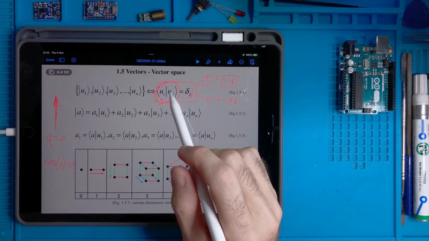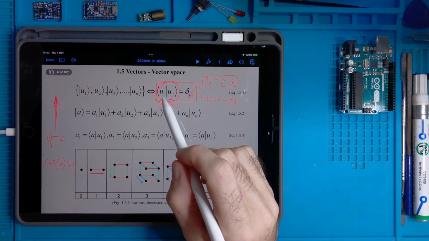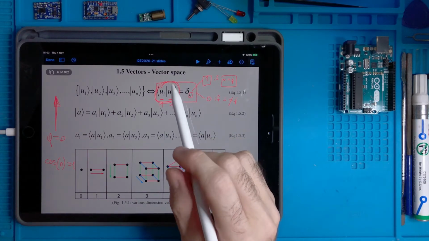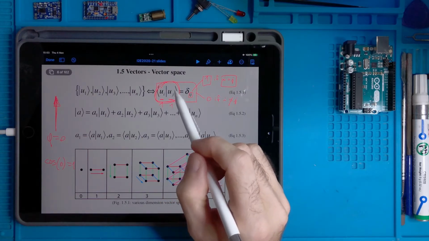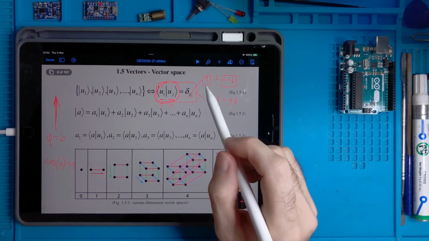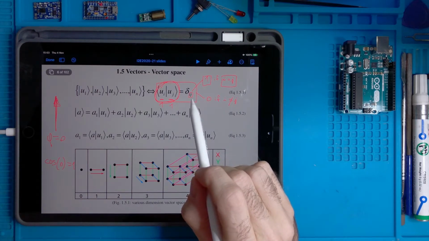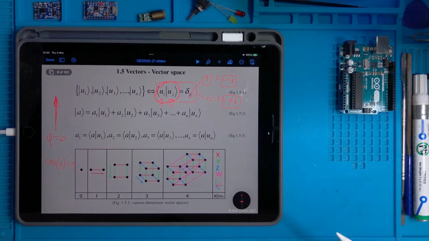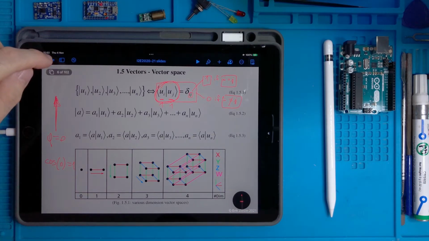If we choose a vector which is orthogonal to ui, so a different j, then this inner product is 0, and this symbol works like this: delta of ij, if i is different from j, is 0. So complicated things to say this thing, for instance.